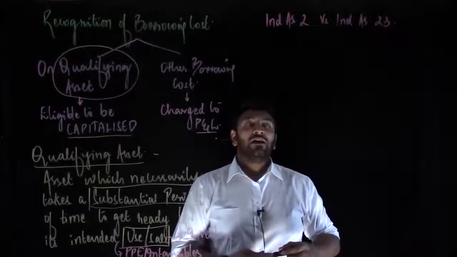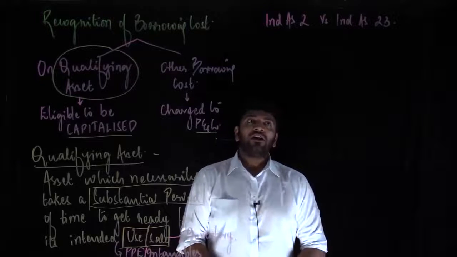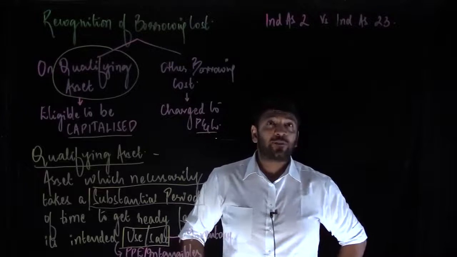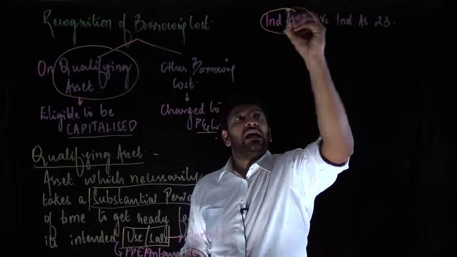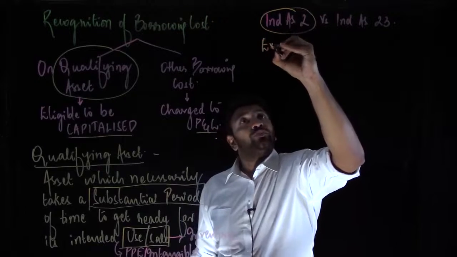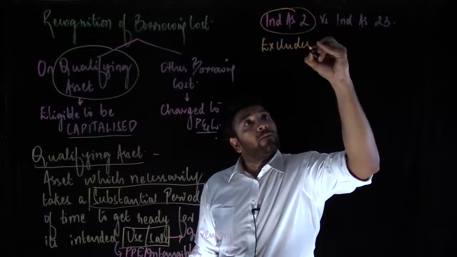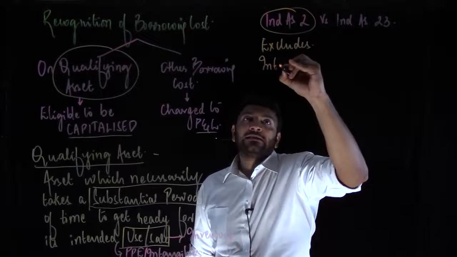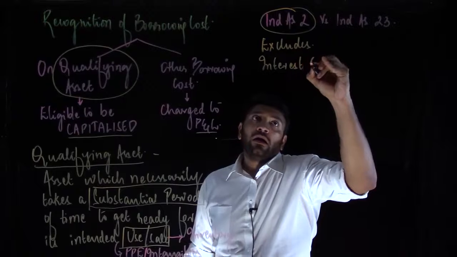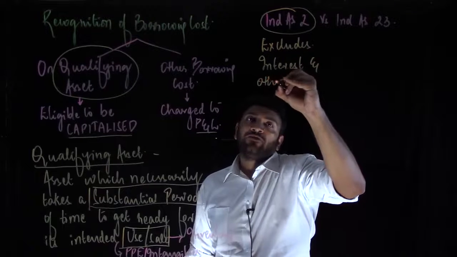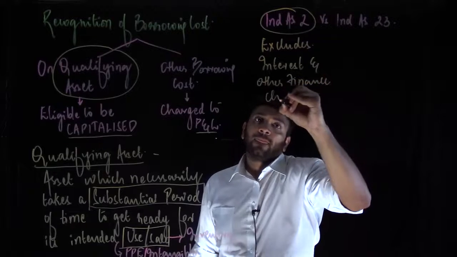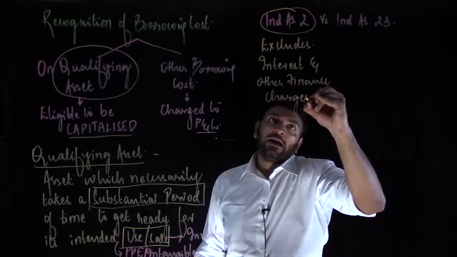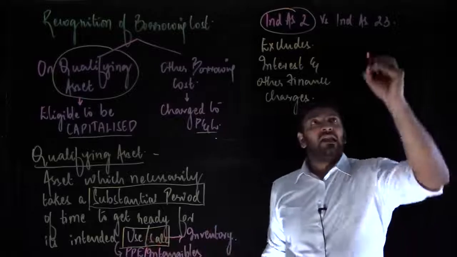What is the conflict that we are referring to here? The conflict is with respect to the borrowing cost. Ind AS 2 specifically excludes interest and other finance charges, while including the word sale.